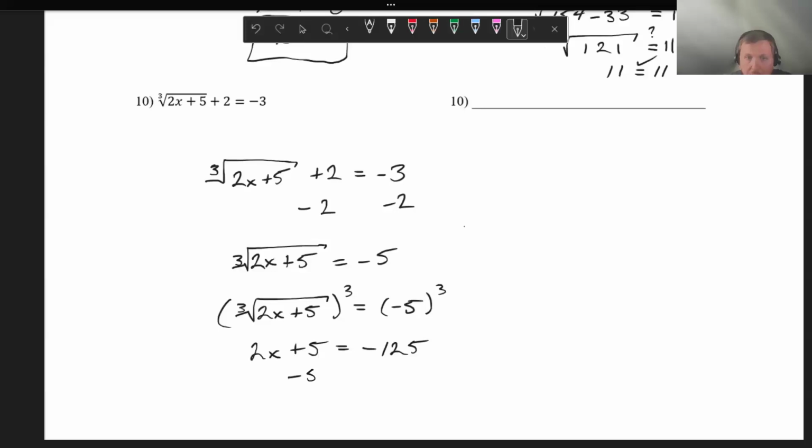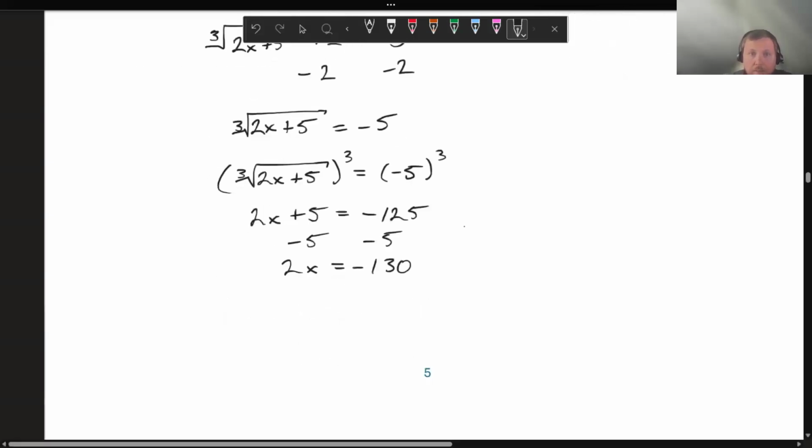And we can subtract 5 from both sides, and we have 2x is equal to negative 130. Then we can divide both sides by 2, and we end up with x is equal to negative 65.